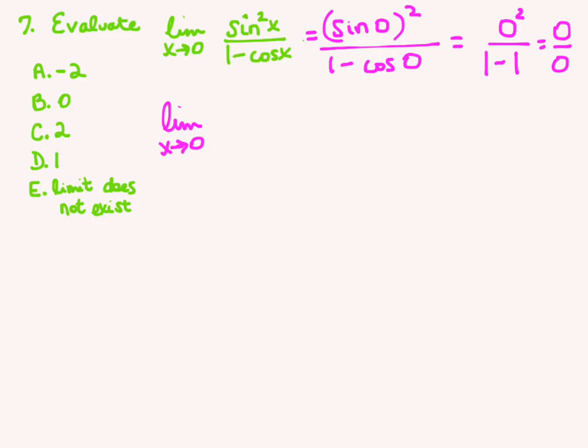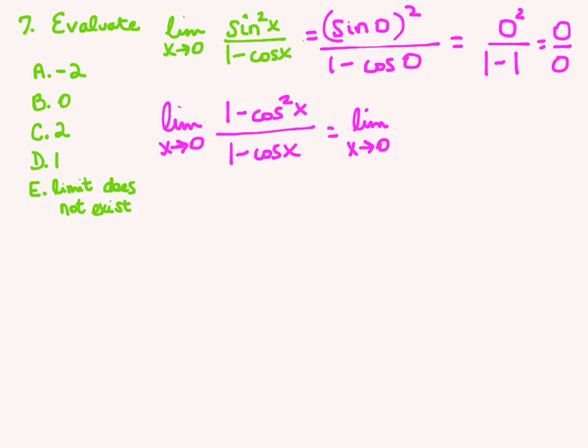And if I solve that for sine squared, then I end up with 1 minus cosine squared x. And then my denominator, I'm just going to leave that as 1 minus cosine x. So now it looks like I'm getting somewhere. I can't really cancel anything out yet, but if you look at the numerator here, we've got 1 minus cosine squared, and that is a difference of 2 squares.